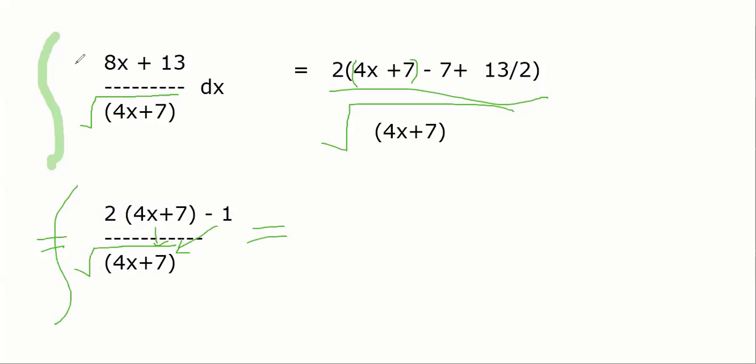Correct? So this becomes 2 into 4x plus 7 by root of 4x plus 7, which will be the square root of 4x plus 7. You are right. So let me write this in the form of 2 into 4x plus 7 power half. Correct, guys? Because 4x plus 7 divided by root of 4x plus 7 is this.